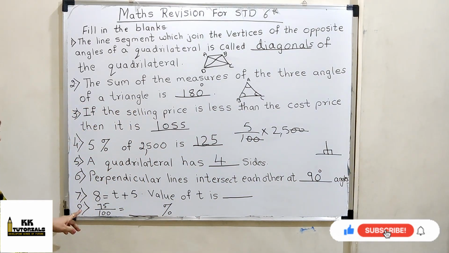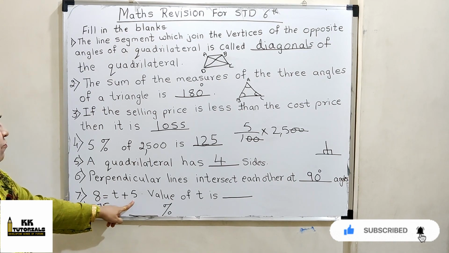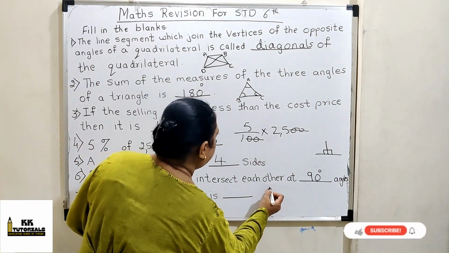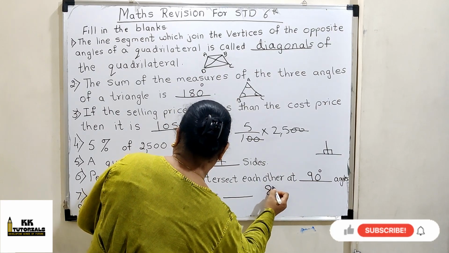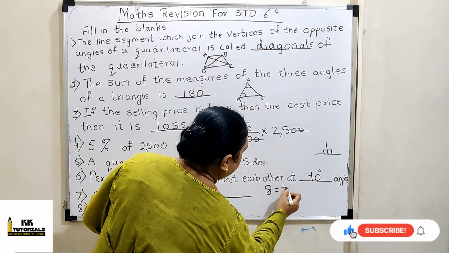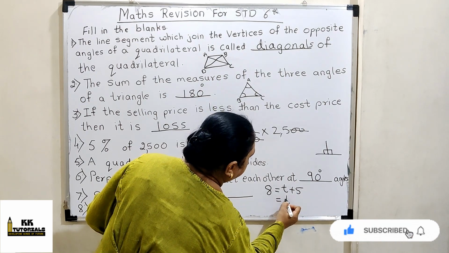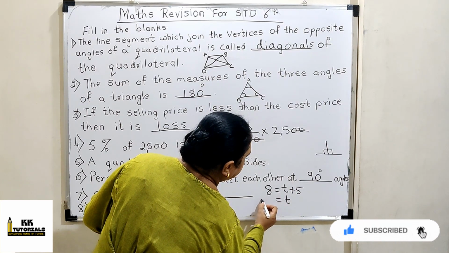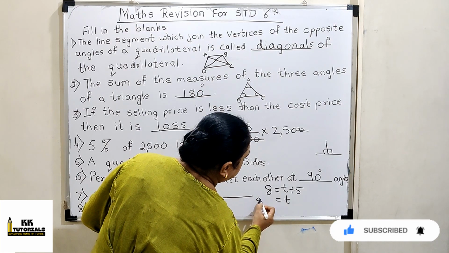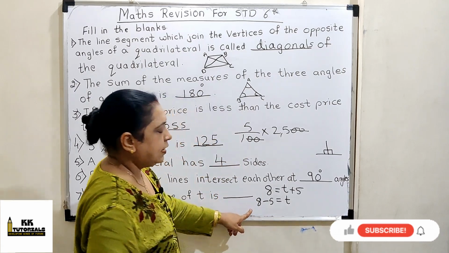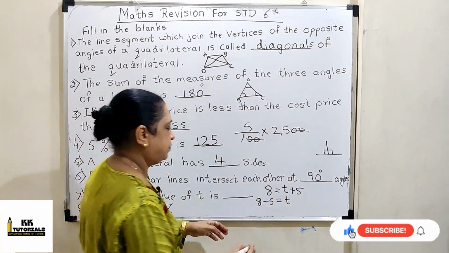Now, number 7. 8 is equal to t plus 5. So, the value of t is, so 8 minus 5 is how much?